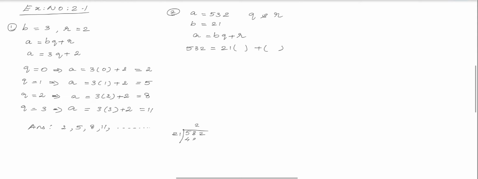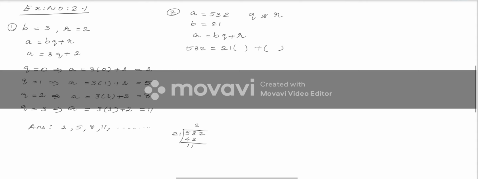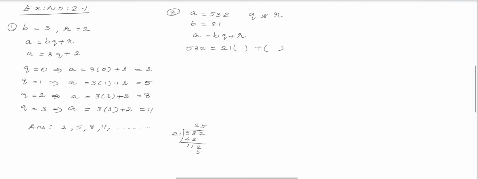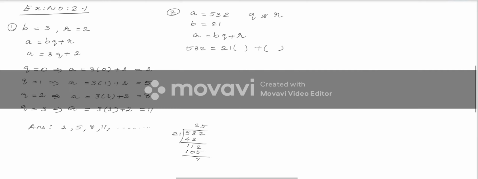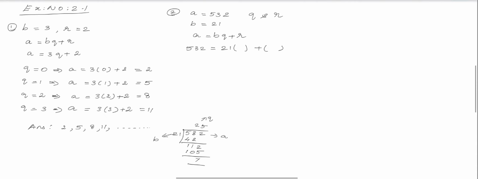You'll be getting 42 and then the remainder when you subtract, what do you get? 11, bring down the 2, 112 in 21. You check with 5. 1 5s are 5, 5 2s are 10. And what is your remainder? 12 minus 5, it is 7. Right?